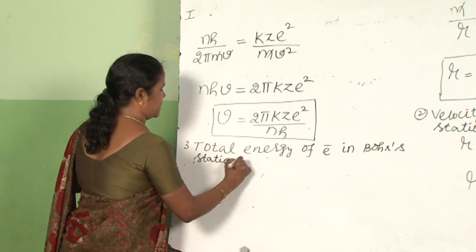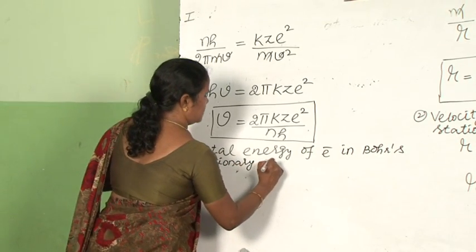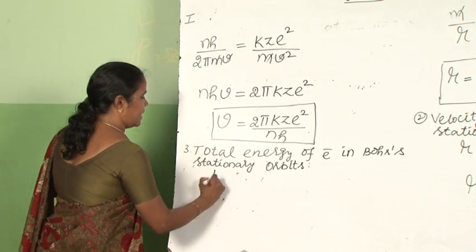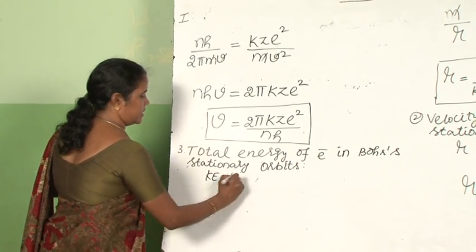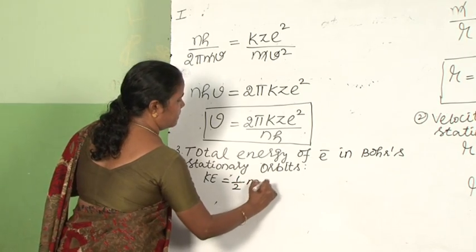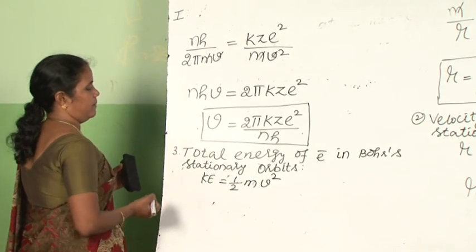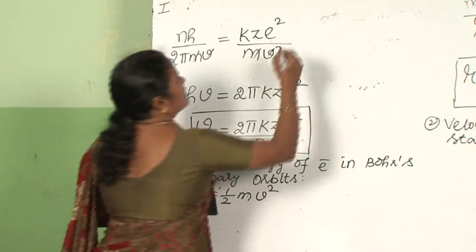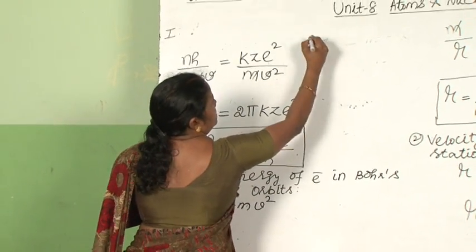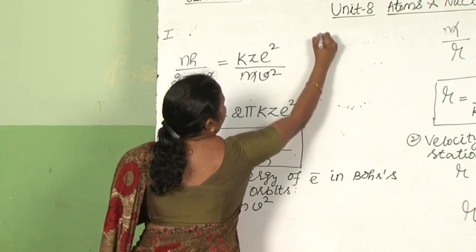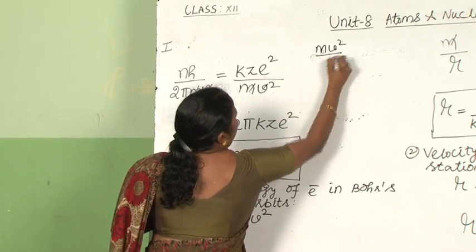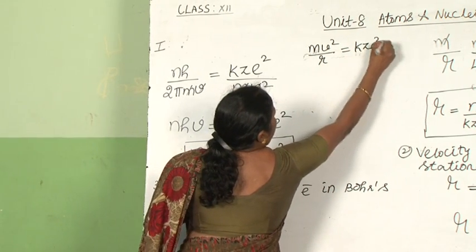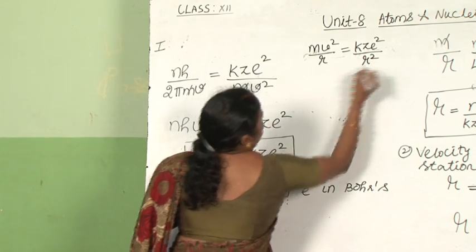For the total energy, the kinetic energy of an electron is half m v square. From the first equation, that is Bohr's postulate, m v square by r is equal to k z e square by r square.